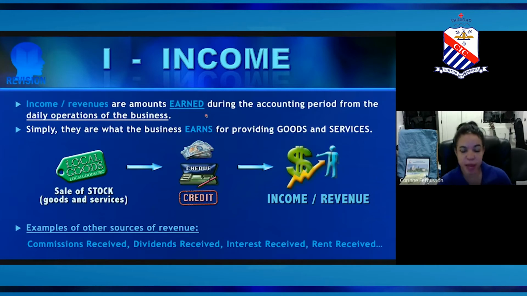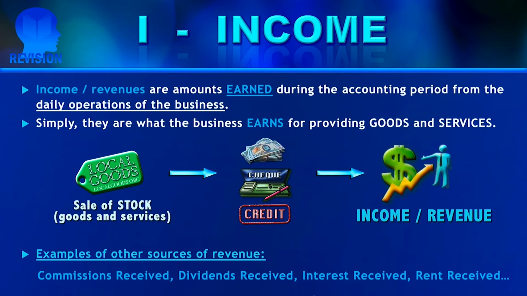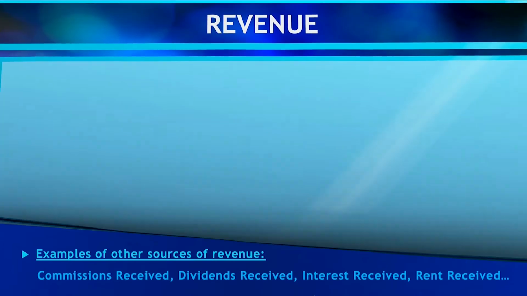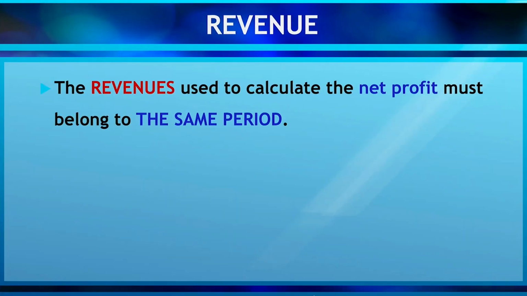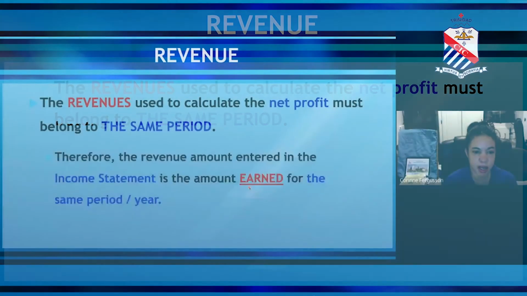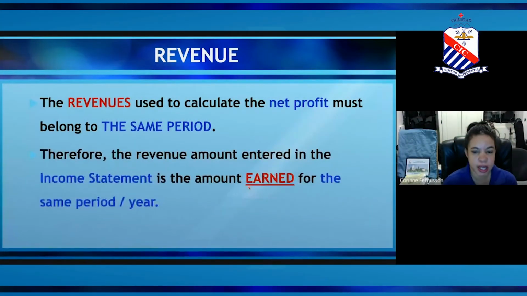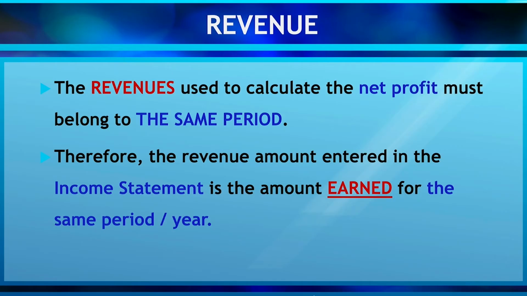Just like with the expenses, it was the amount incurred, even though we did not pay it as yet, or we paid more. It is whatever is incurred. For revenue, it is whatever is earned. So the revenues used to calculate net profit must belong to the same period. Therefore, it is the amount earned rather than the amount received. It is the amount earned that you have to put into your income statement.